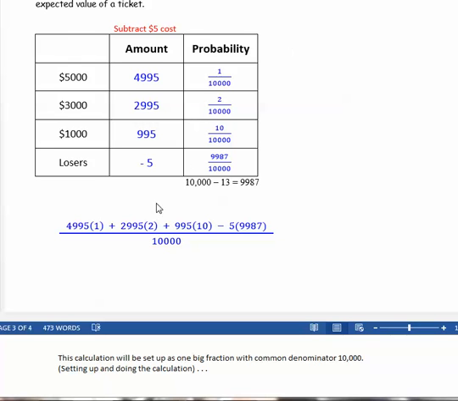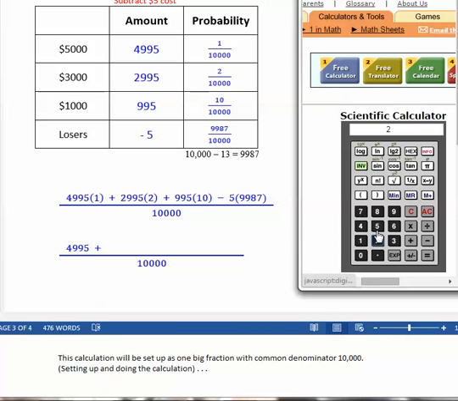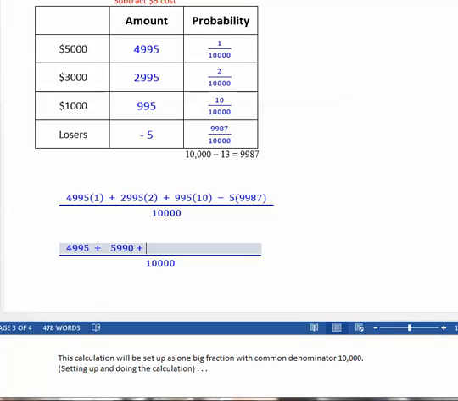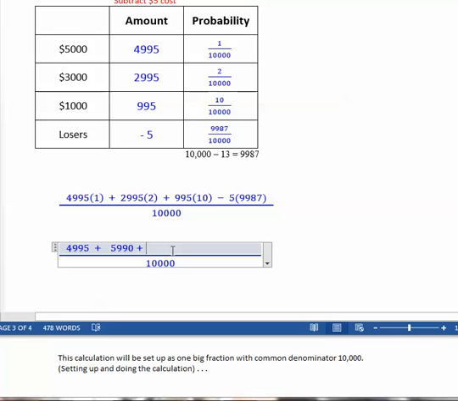So calculating each of those products, we get 4,995 times 1 is 4,995, plus 2,995 times 2 is 5,990, plus 995 times 10. I shouldn't need a calculator for that. That's 9,950.